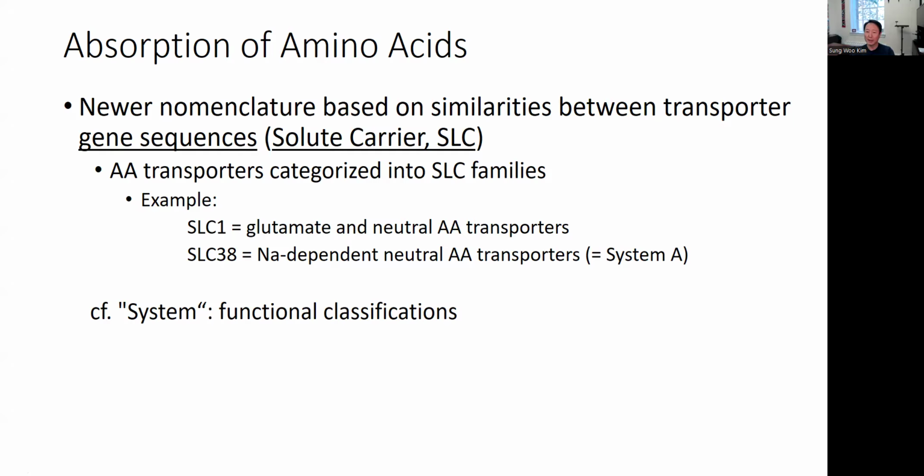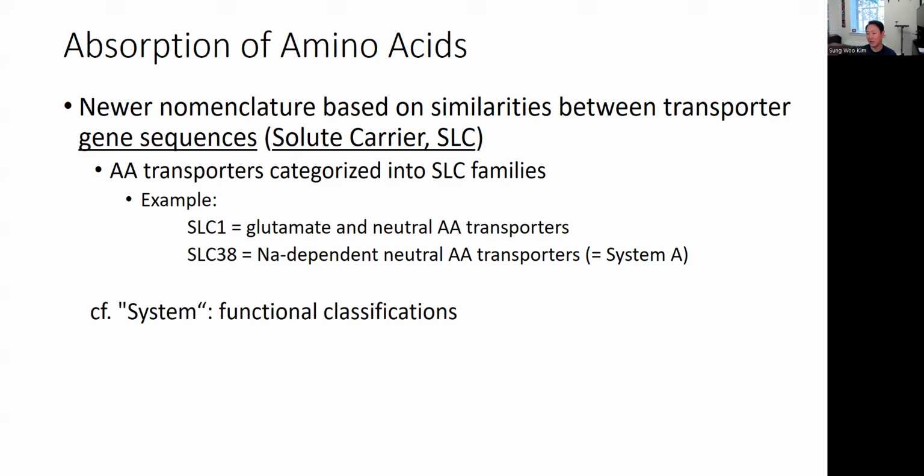But before that, I'd like to introduce a different nomenclature, a different type of naming of the amino acid transporter, which is called solute carrier. This is a group of membrane proteins, and some of them are responsible for absorbing or transporting amino acids. Solute carrier is written in short as SLC.